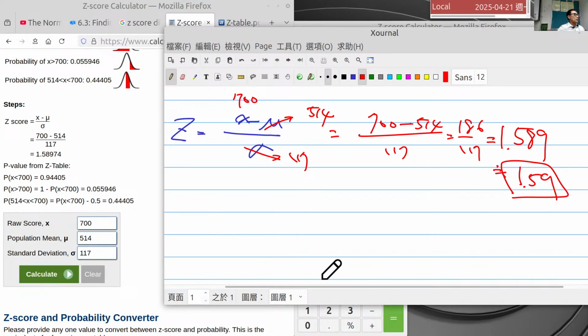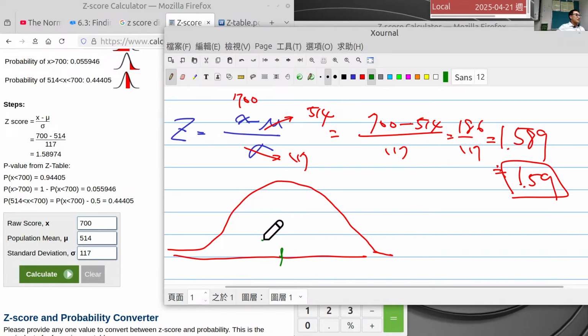As we know, the normal distribution looks like this. Sorry, my drawing is very horrible. Okay, from the original, the mean is here.